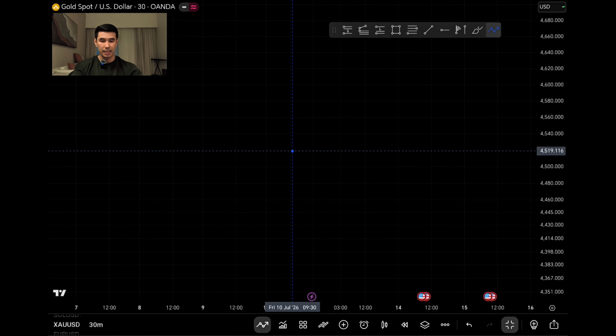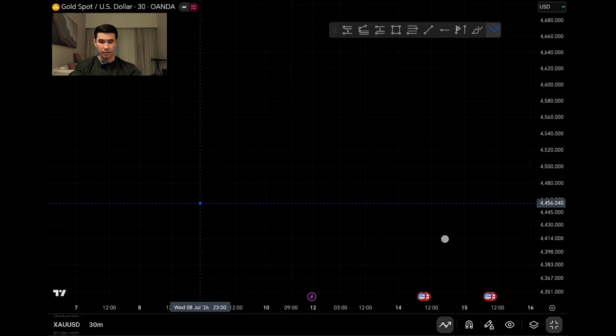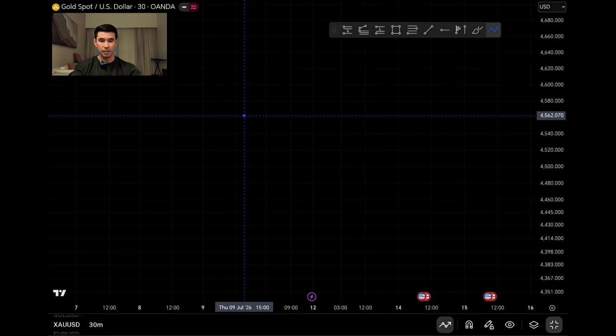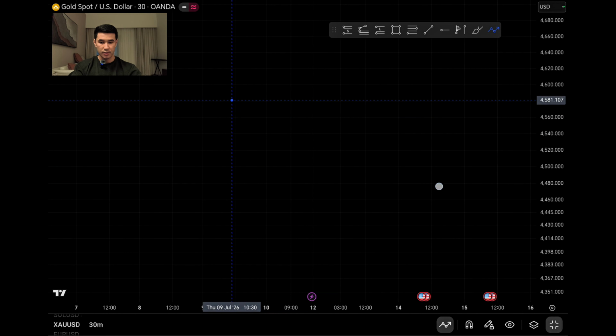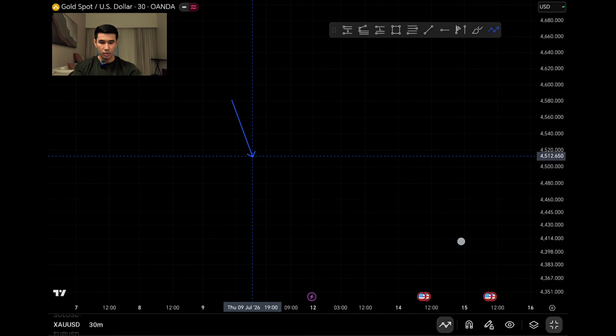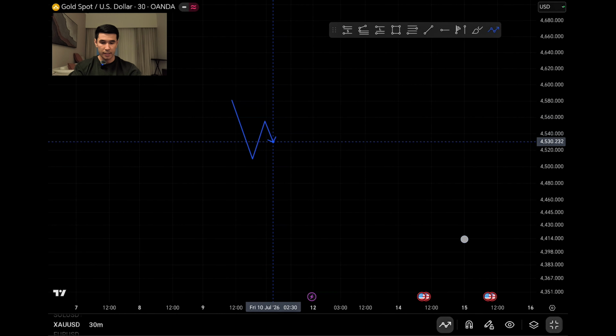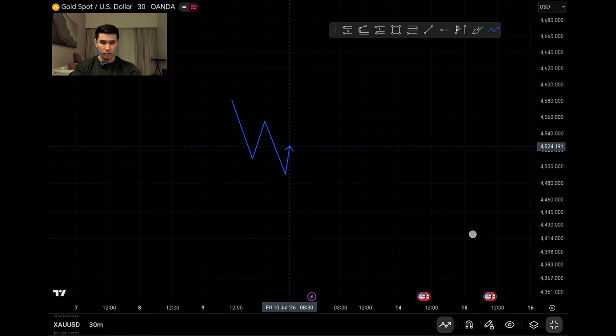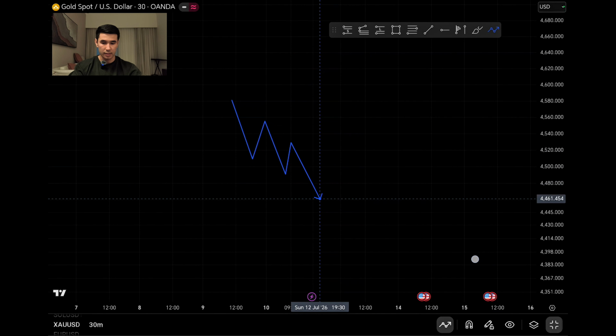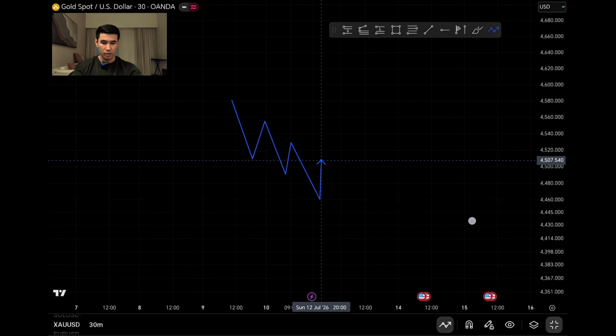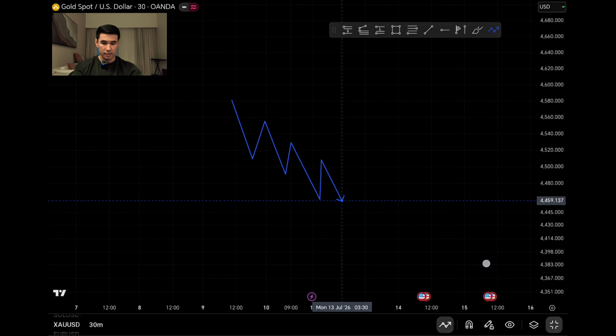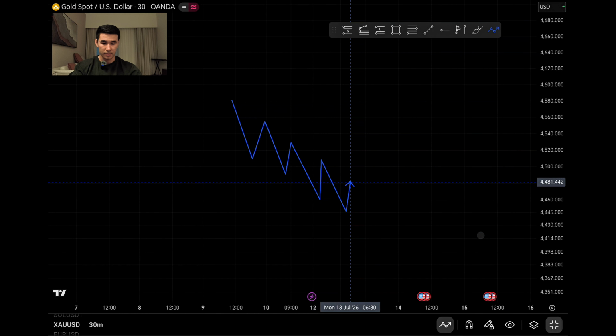For example, let's say, for the sell example, here we have a trend line coming: lower low, lower high, lower low, lower high, and lower low, and lower high, again lower low, and lower high is now coming.